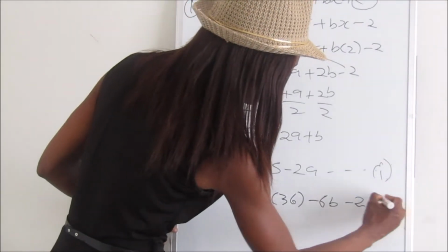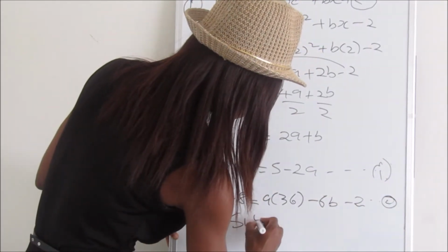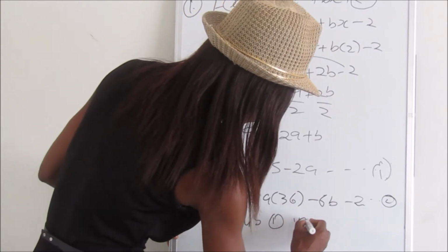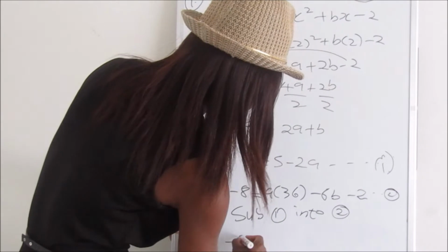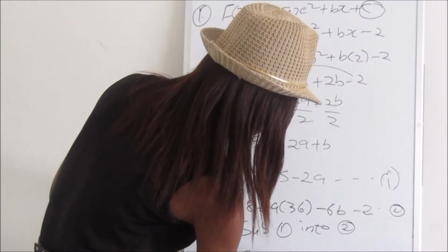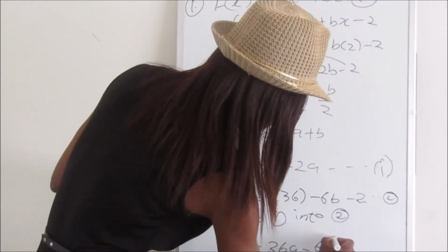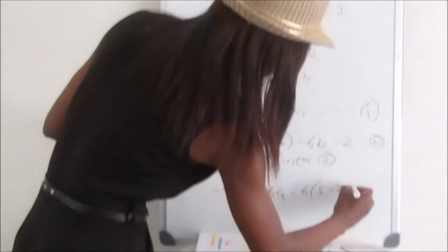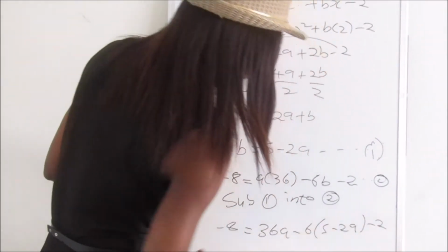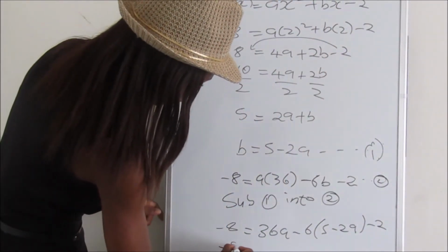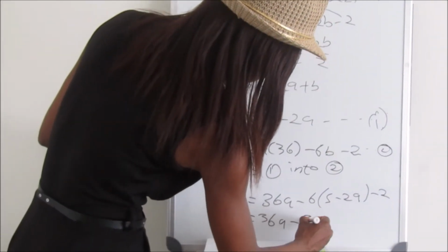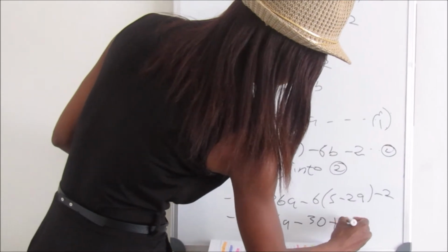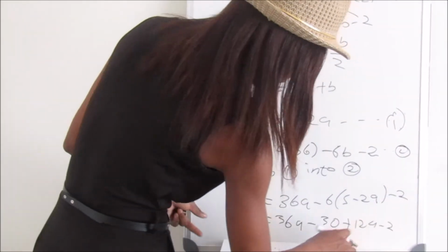This is equation 2. Substituting equation 1 into equation 2, we have -8 = 36a - 6(5 - 2a) - 2, so -8 = 36a - 30 + 12a - 2.